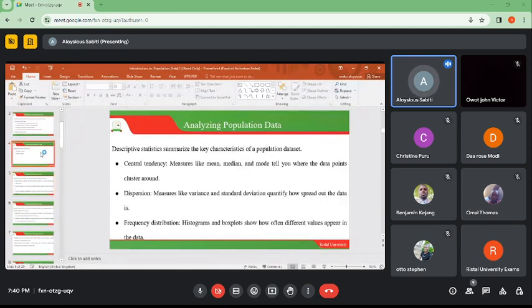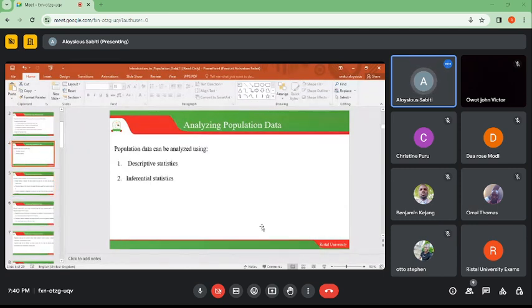So we're looking at how population data can be analyzed using descriptive statistics, and what we call inferential statistics. When we're talking about descriptive statistics, we are looking at summarizing the key characteristics of a population data set.